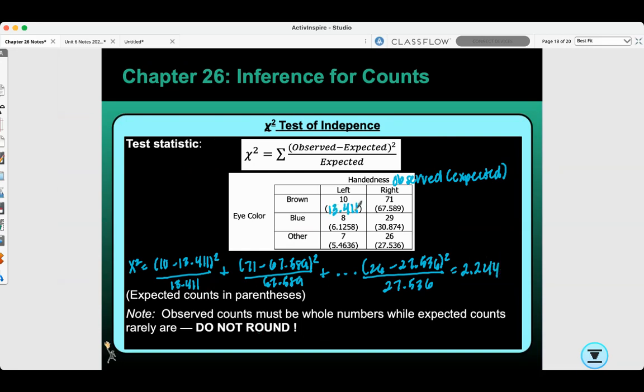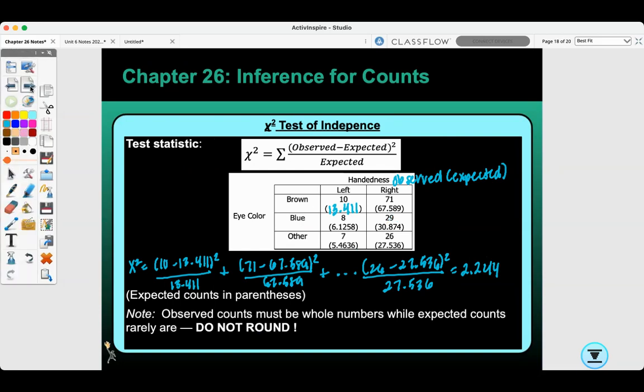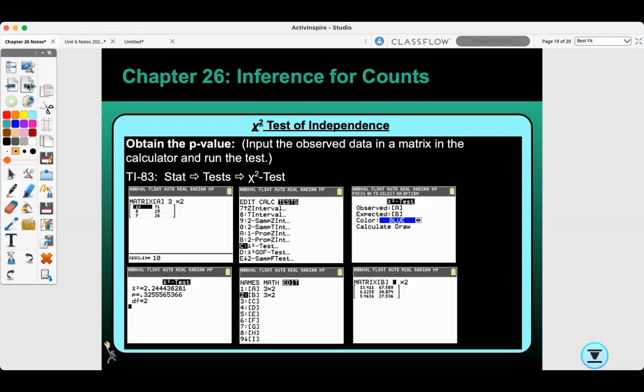Again, your expected values should not be whole numbers. Make sure you don't round to the nearest whole number. Have at least 2 decimal places there. So again, to run this test on your calculator, you put your observed counts in matrix A. You go to test, choose the chi-squared test. This should default as A and B. Choose calculate. You get a chi-squared value.